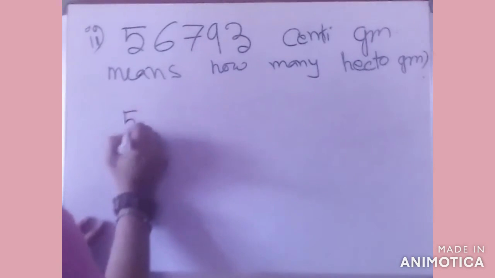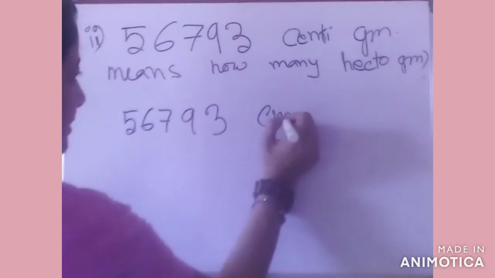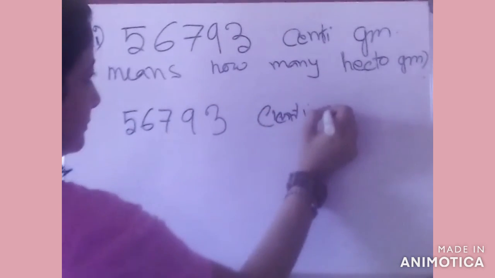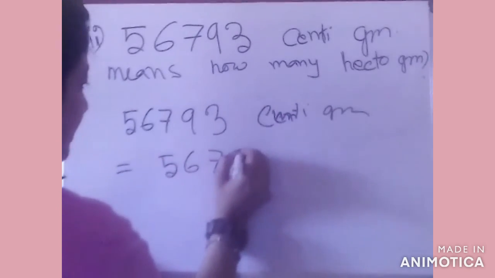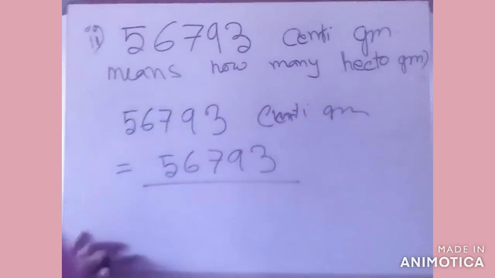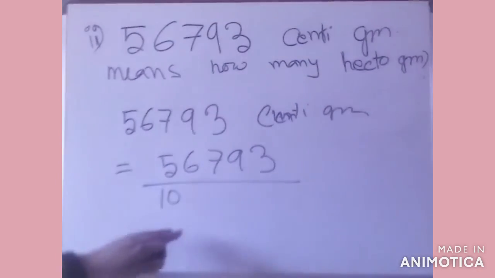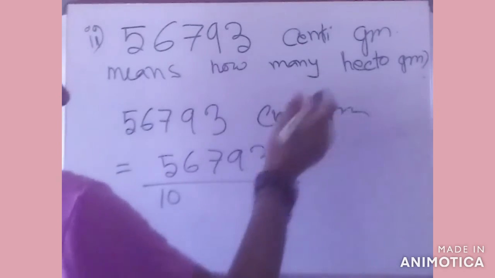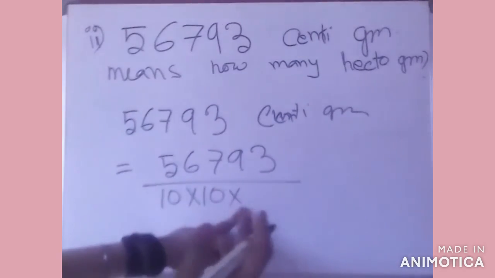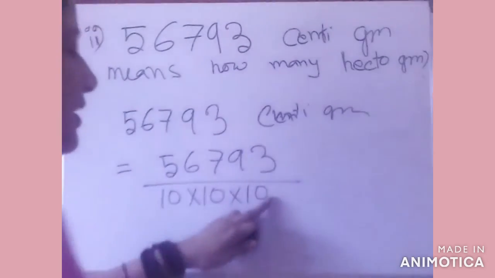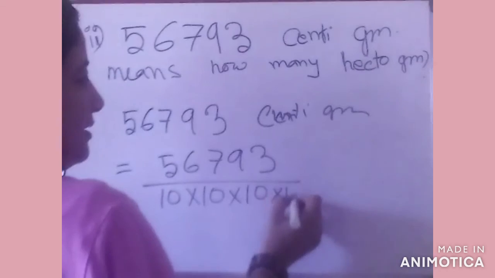So 56793 centigram: from centigram to decigram we divide by 10, again from decigram to gram we divide by 10, again from gram to decagram we divide by 10, and again from decagram to hectogram we divide by 10.